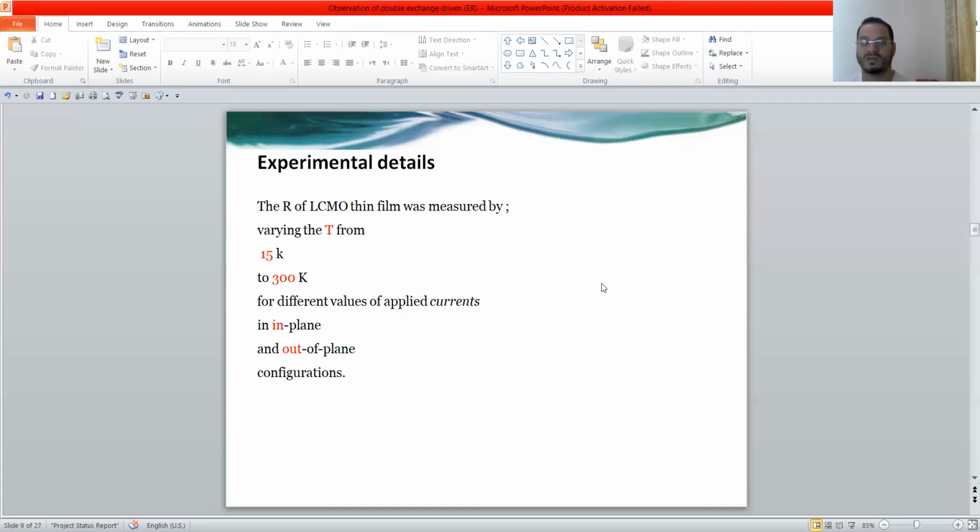We are dealing with a curve of temperature starting from 15 until 300 Kelvin, at different values of applied current in the in-plane and out-of-plane configurations. Like I said, in the next slides we will focus on the image, and after that we will take the IV curve individually and talk about it.